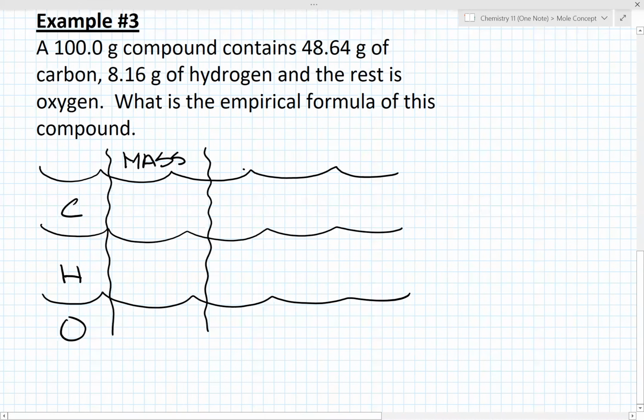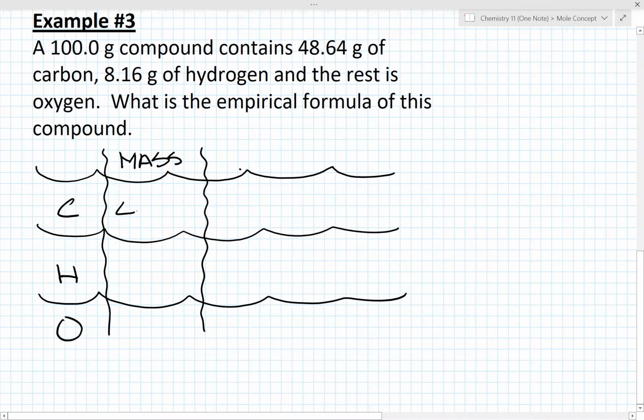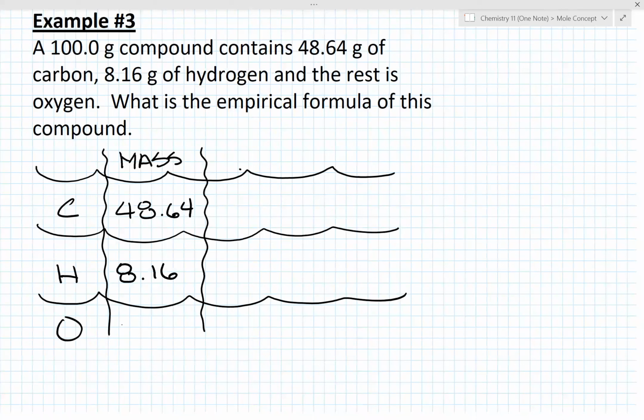In this case, it'd be 48.64, 8.16, and the rest is oxygen, which would be 43.20. Now, again, how did I get that number?